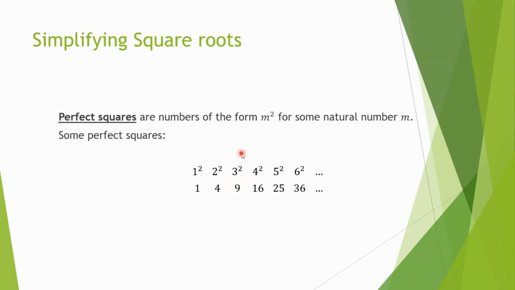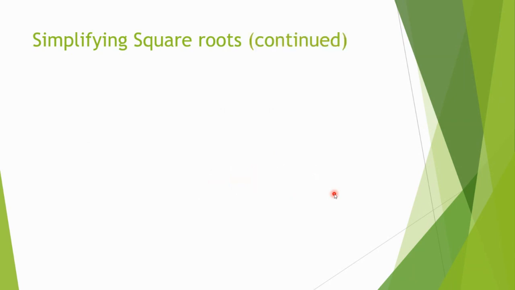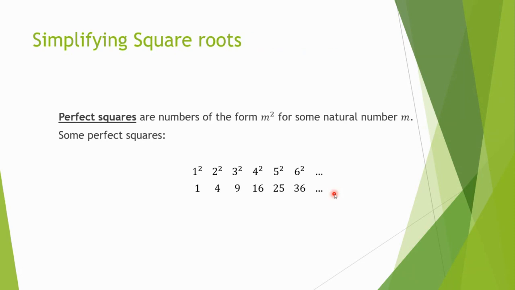Okay? But the next ones in this list would be 7 squared, which is 49, 8 squared, which is 64, and so on and so forth. That's what the perfect squares are. And notice 0, oh wait, sorry, 0 is not a perfect square, mostly because 0 is not a natural number, even though 0 squared equals 0.